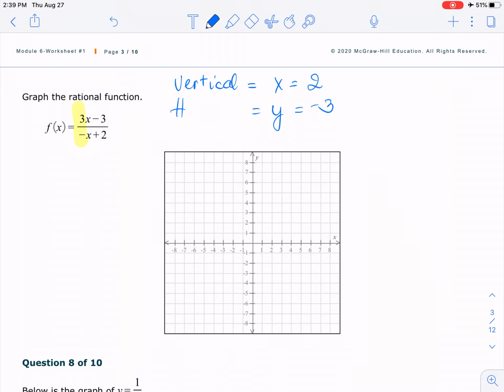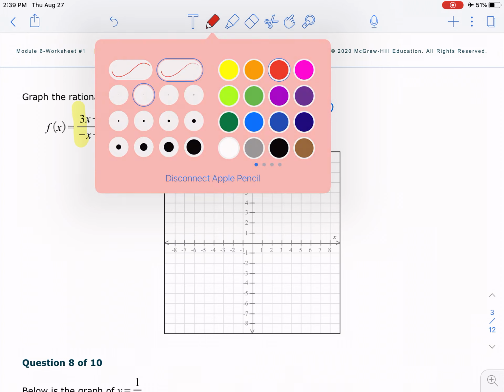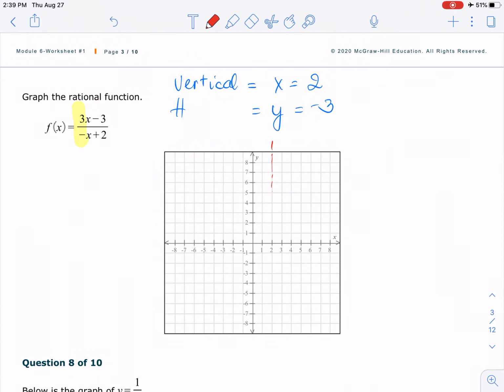All right, I'm going to try to draw the vertical and horizontal first. So this is vertical, and this is horizontal.